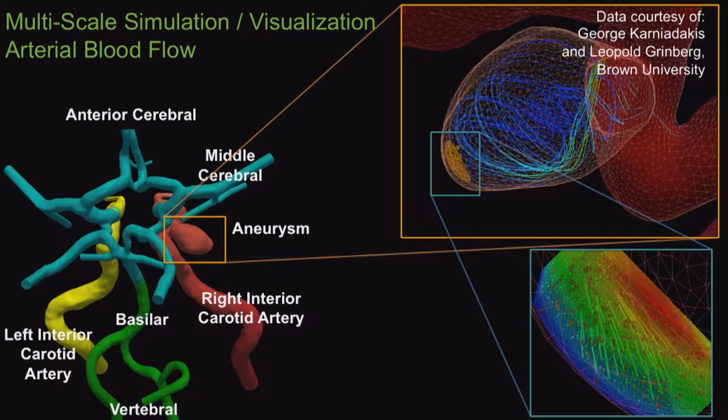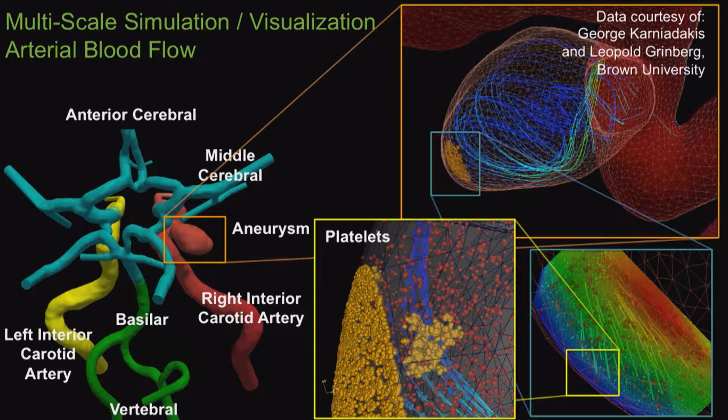As you can imagine, if this aneurysm were to burst, that could be catastrophic. So they're interested in what's happening in this small subregion on the end of the aneurysm. One of the reasons why I feel this is an important example is this multi-scale aspect, right?